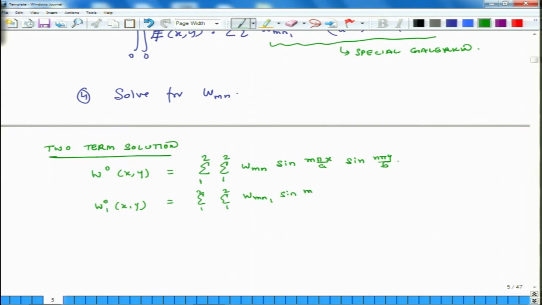So, this is also sine m pi x over a sine n pi y over b.